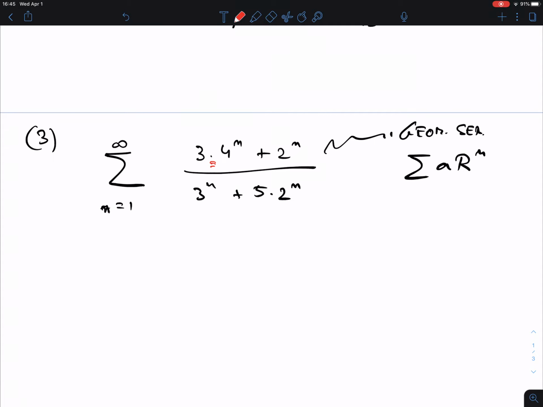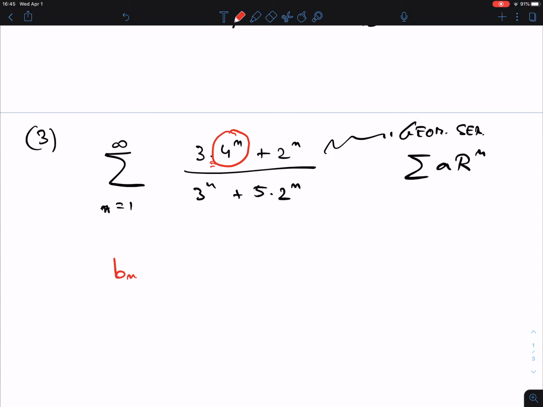So what we have, our dominant term, what is that? Yes, the dominant term is going to be the power. We have a power 4 to the n and 2 to the n. Well, there are 2 powers, and clearly the higher the base, the more dominant it is. So the dominant term is 4 to the n, not with the 3. You could add the 3, but why? It makes things much harder.